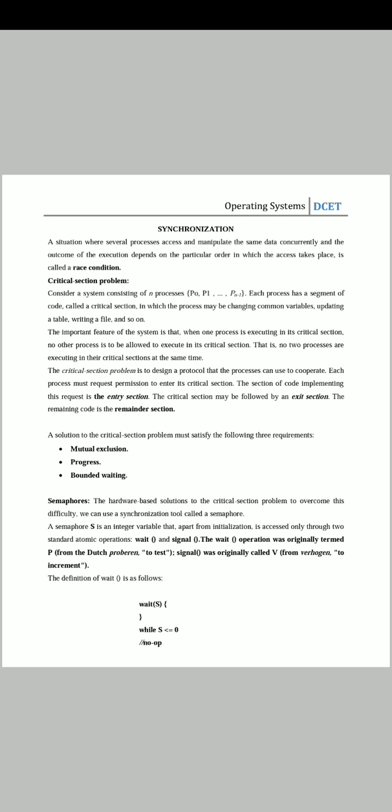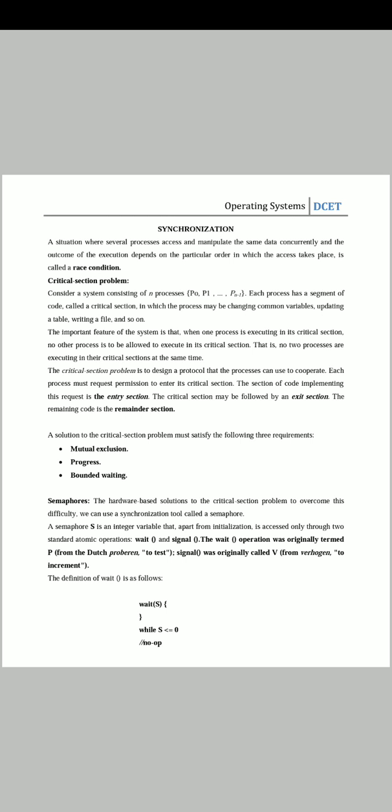After a process has made a request to enter its critical section and before that request is granted, these are the three requirements it has to meet to overcome the critical section problem. First is mutual exclusion, then progress, then bounded waiting.